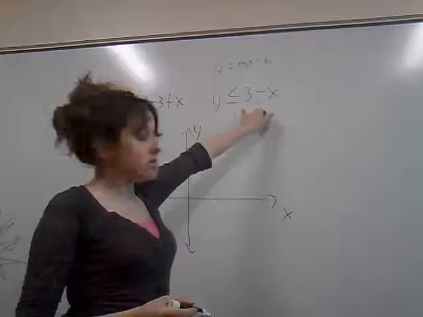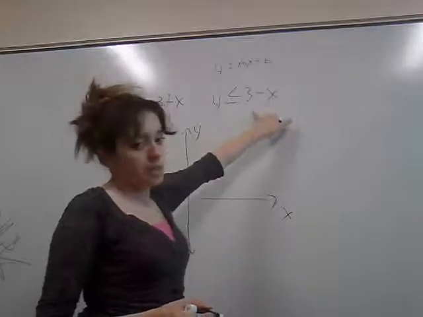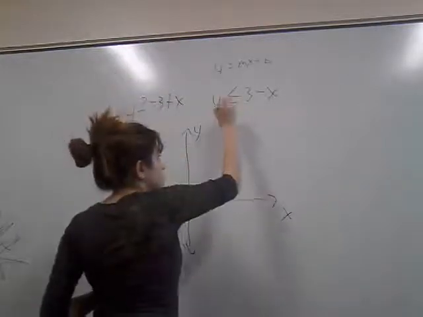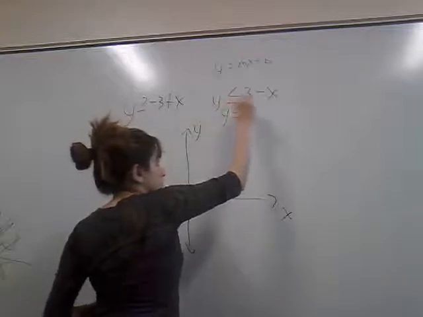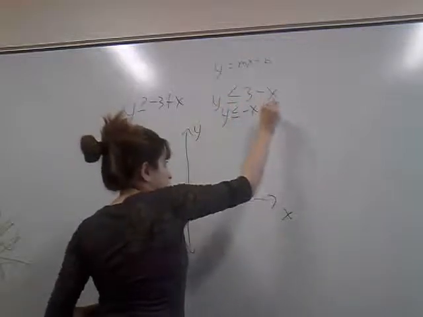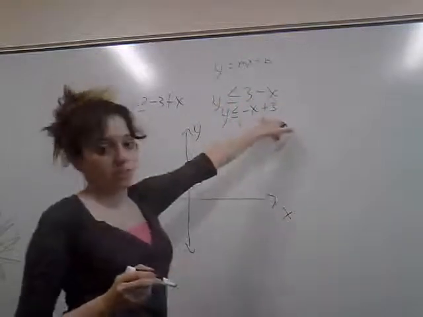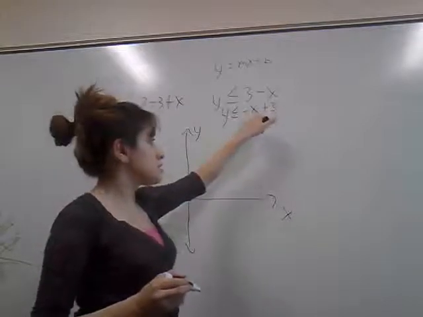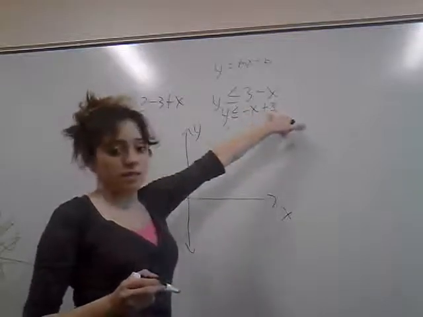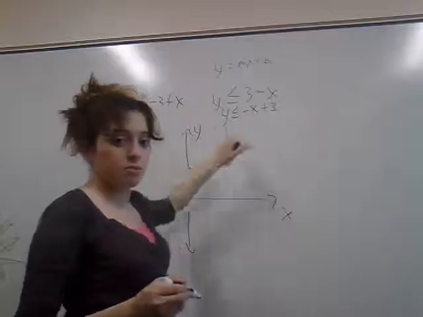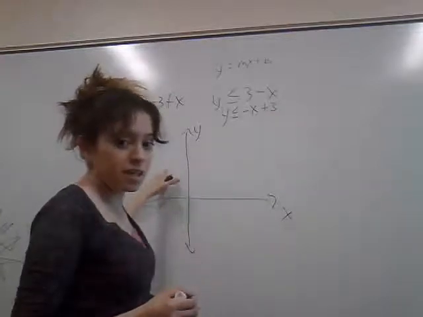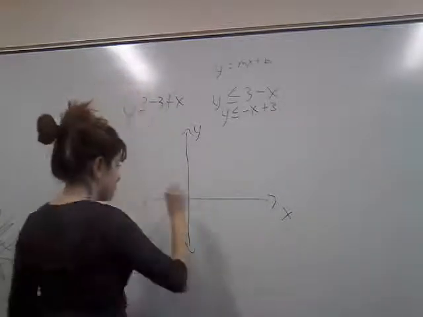So rearranging these two numbers right here, this is your y equals mx plus b form. So our b is +3. That's our y-intercept. So we're going to go to our y-axis and find the value 3.